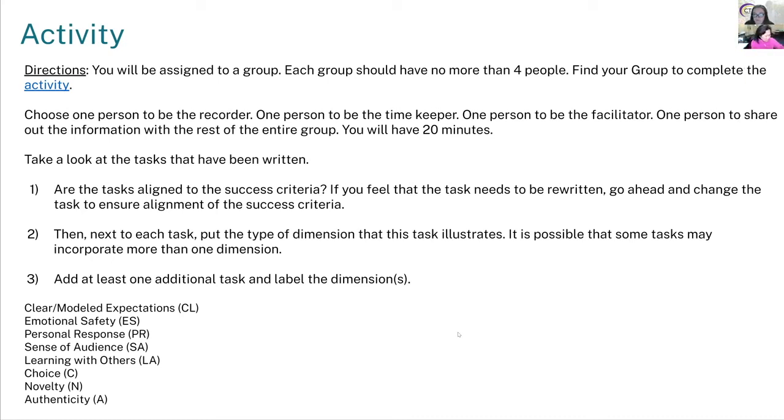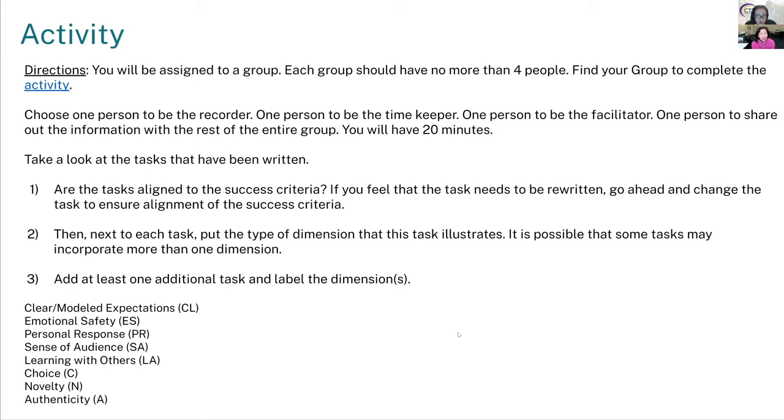I want to make sure that you guys know that there's about 4 slides in which you guys will have 2 slides because the people in your groups actually wrote so many wonderful success criteria. So I wanted you guys to have space. And so your task is to look at the task and see if they are in alignment.